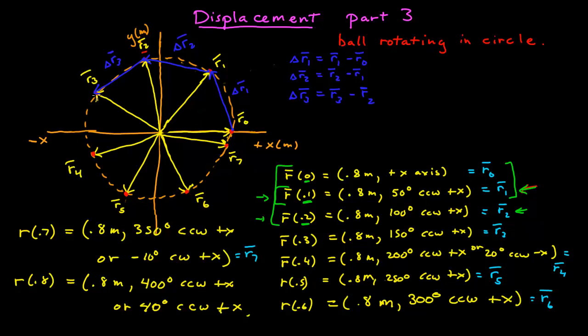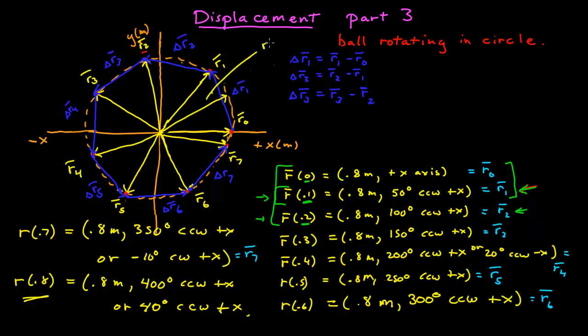If I continue with this definition, here's the displacement delta r4, here's delta r5, here's delta r6, here's delta r7. Now, I didn't include this last one yet, because it starts to go around on itself. If I did delta r8, that would be about here.